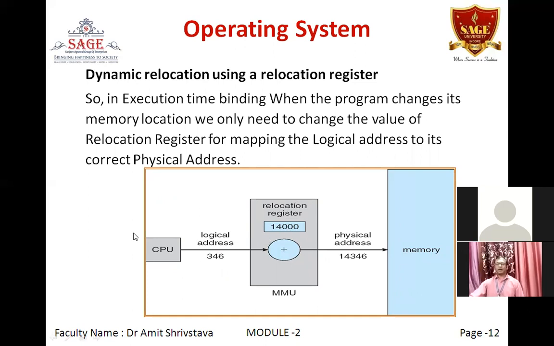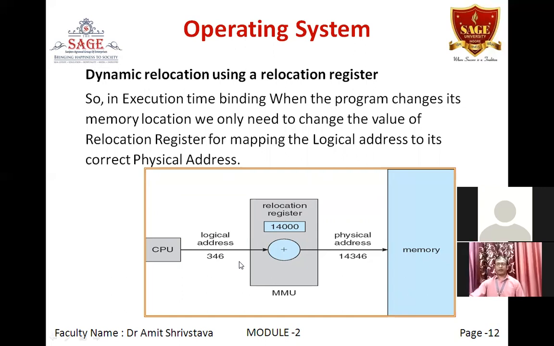Let us say now our CPU has generated the logical address 346. This 346 is nothing but the 346th line number of our process, because the numbering always starts from 0 or 1. But it is simply the logical address.